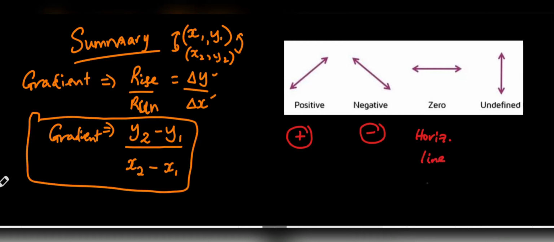A horizontal line gives us a gradient which is 0. Alright, and of course a vertical line gives us a gradient which is what we say undefined. Another way to state undefined, we say is infinitely large.